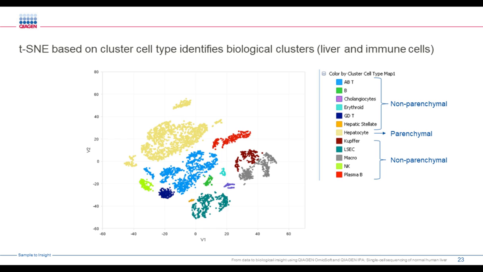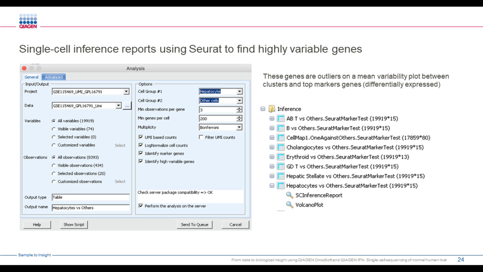For the argument today, I have simplified the 5 clusters found in hepatocyte as one, the alpha beta cells, and many others that are described here. So 2 sets of types of cells in the liver. There's the parenchymal, which are the hepatocytes per se, and the non-parenchymal, which are basically the immune cells that have been discovered in that paper.